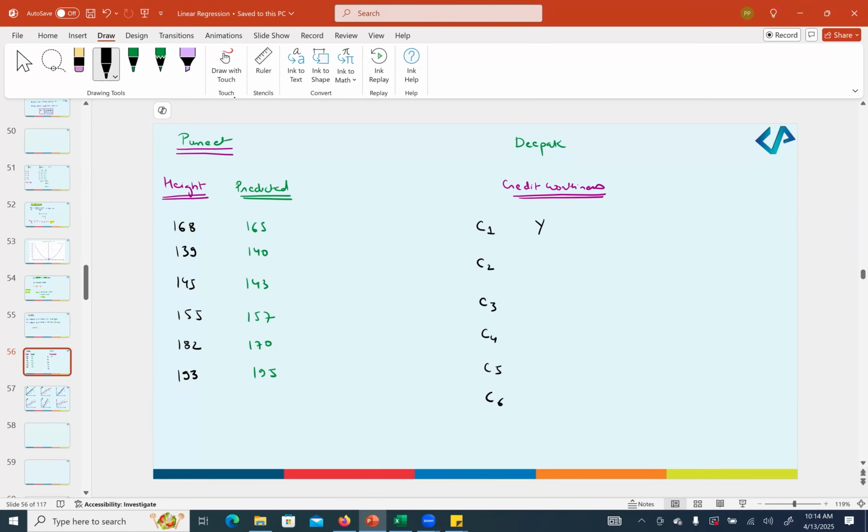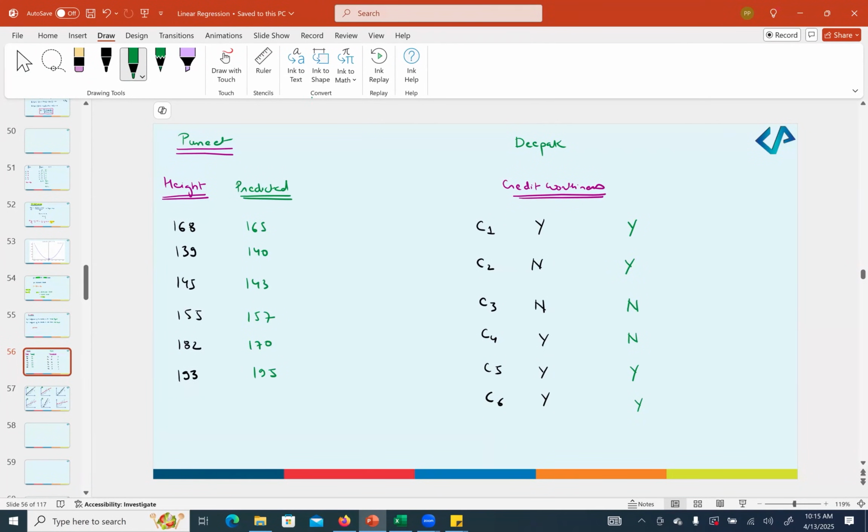For this customer, I should not give the loan. These are the actual values. And for this one, I should give. Then Deepak's prediction is: yes, I should give him the loan. Yes, I should give him the loan. No, I should not give him the loan. No, I should not give him. Yes. And let's say yes.